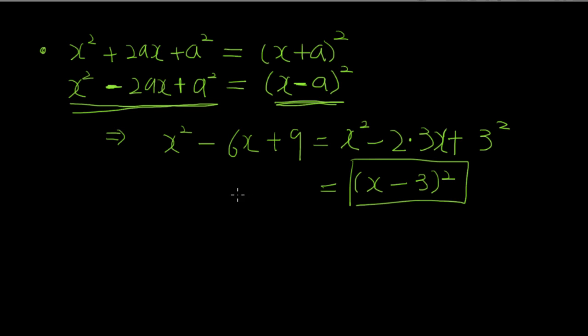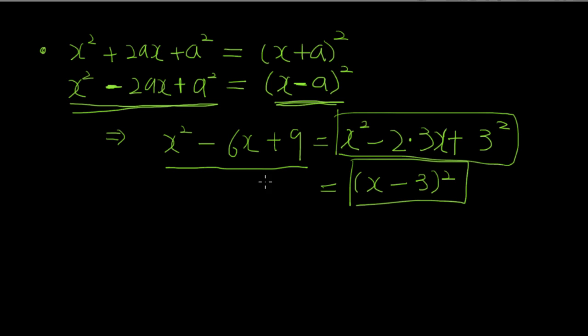I mean, in the beginning, that's not really easy to see. How are you supposed to see this in this format? How do I know that I'm supposed to break this 6 down into 2 times 3 and 9 into 3 squared form?